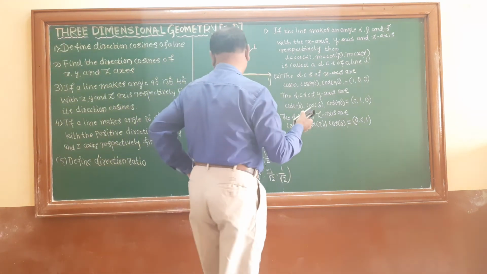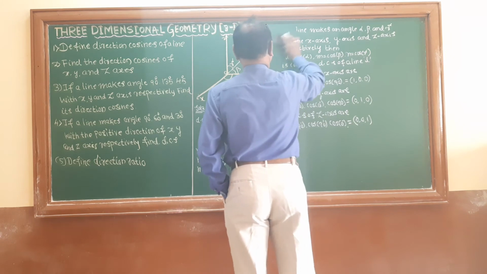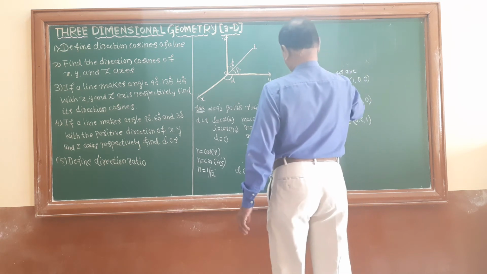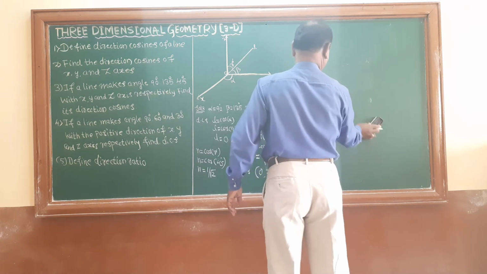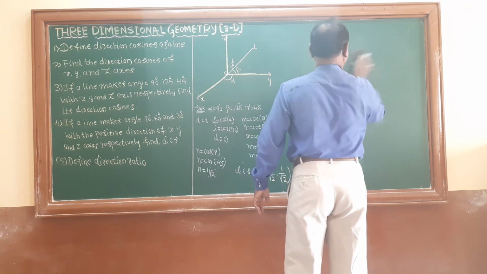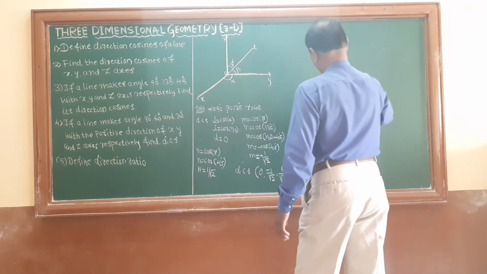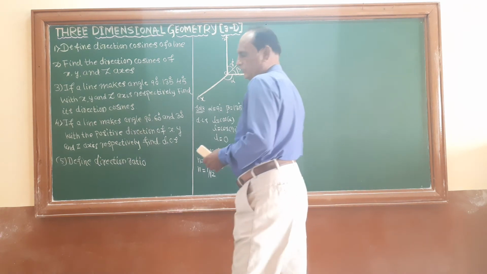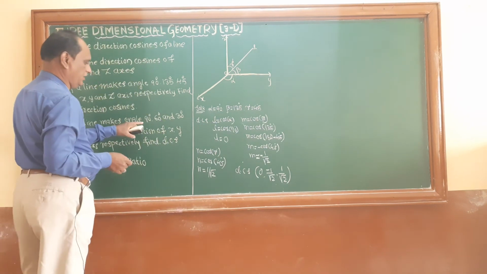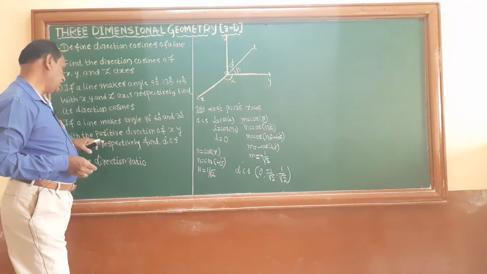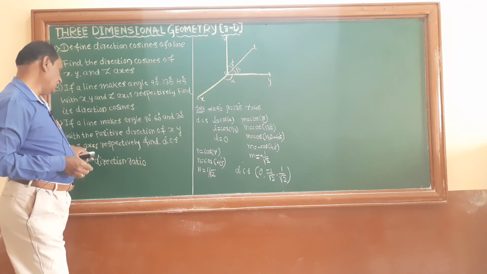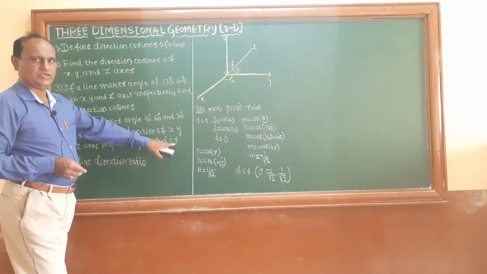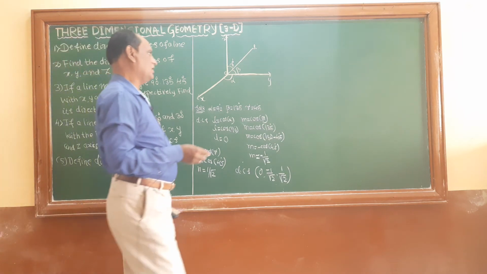Then come to the next one, a very simple solution for example number 4. Example number 4: if a line makes angles 90 degree, 60 degree and 30 degree with the positive direction of the x, y and z axis respectively, find the direction cosines. Here we have to find the direction cosines.